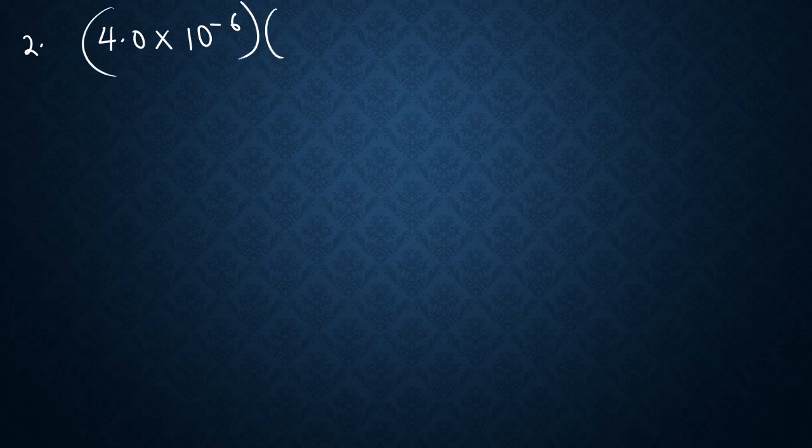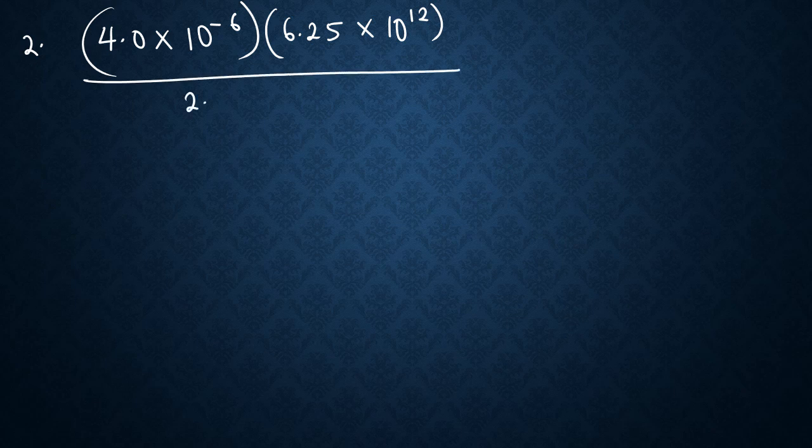Say you have another problem here saying that you need to simplify 4.0 times 10 to the negative 6, all multiplied by 6.25 times 10 to the 12th power, all to be divided by 2.5 times 10 to the 8th power.